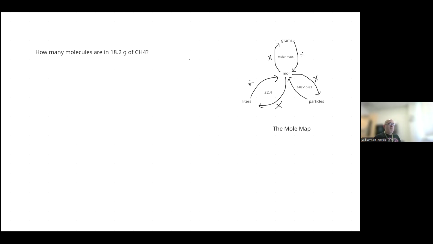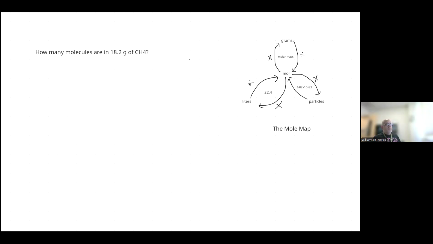If I want to convert from moles to grams, I want to multiply my moles by the molar mass of my material. If I want to go from grams to moles, I divide by the molar mass of the material.